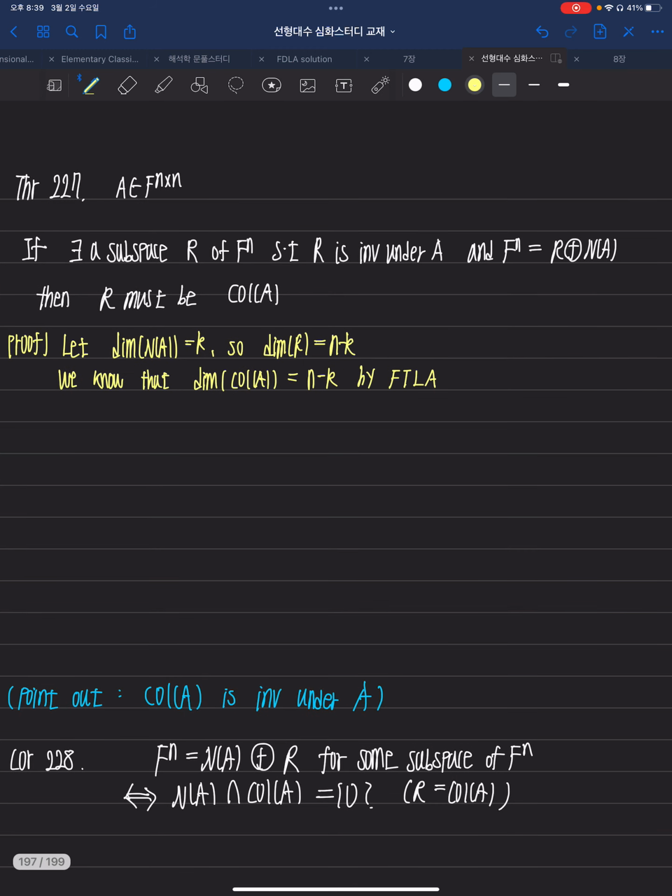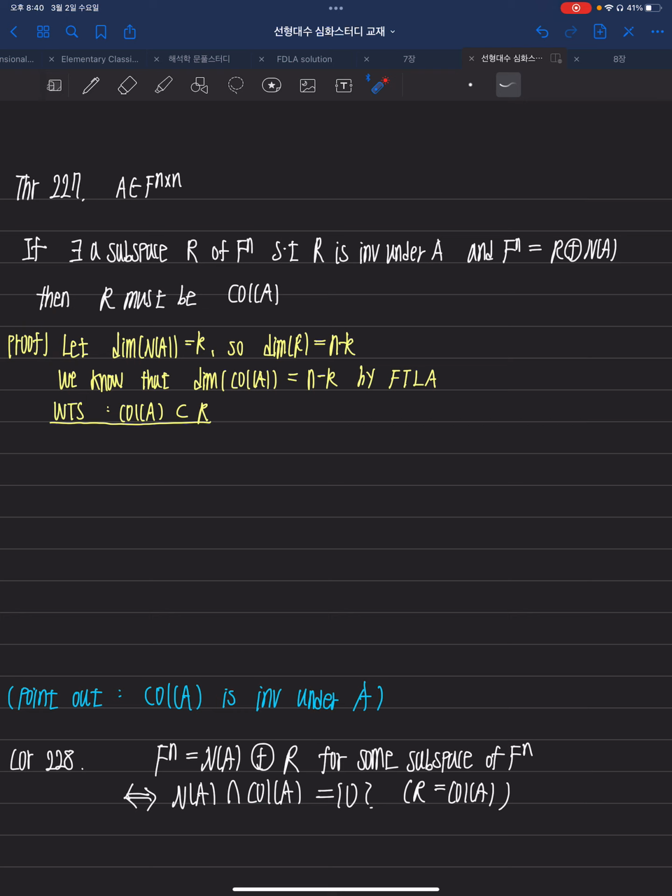Okay? And next, if we prove the fact that the column space of A is a subspace of R, then the proof is complete.